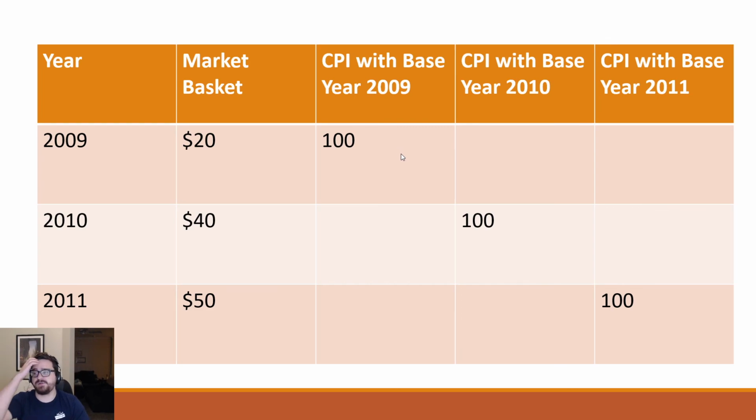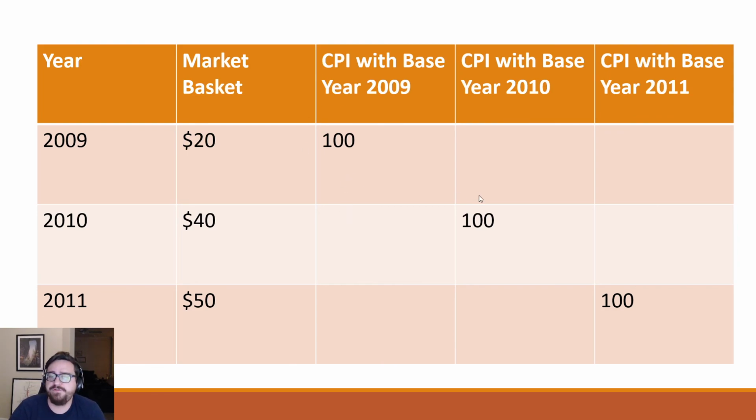Now here's a practice problem. Find the CPIs in each of these columns. So what's happening is we're changing the base year with the different columns. So when we said it's price of market basket current year over price of market basket base year times 100, still do that. Just know that your base year might change.